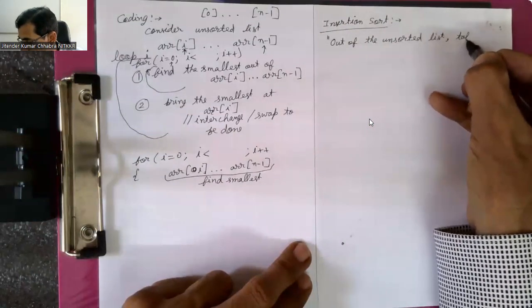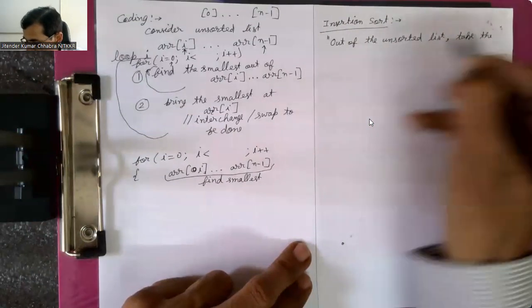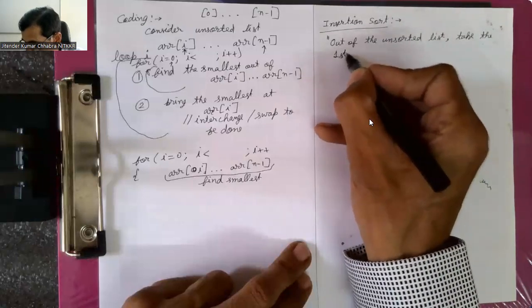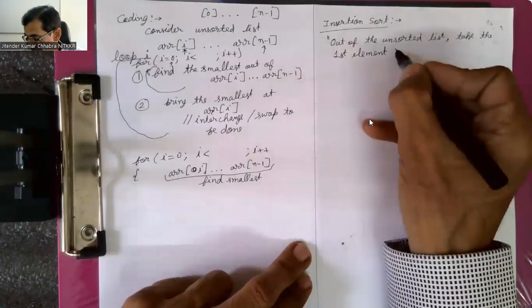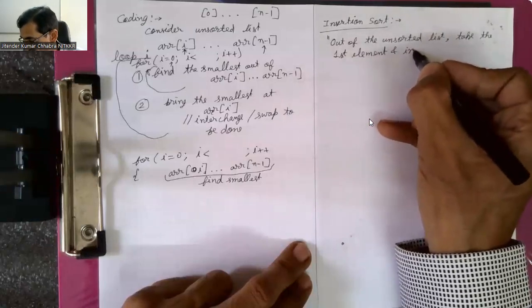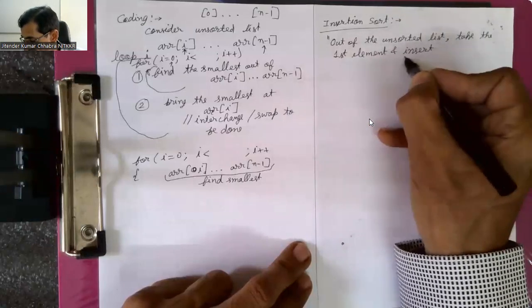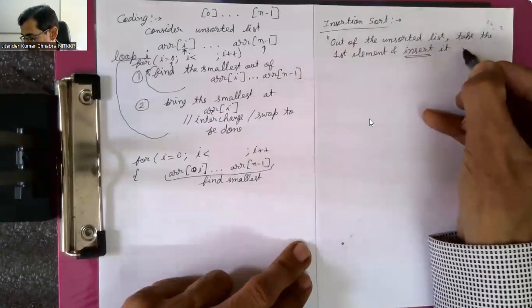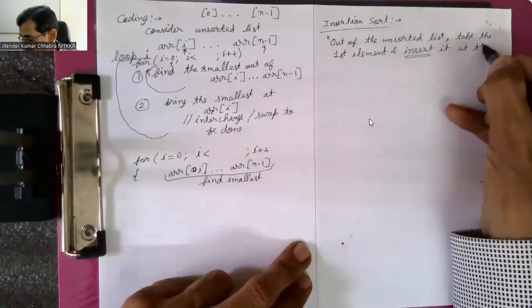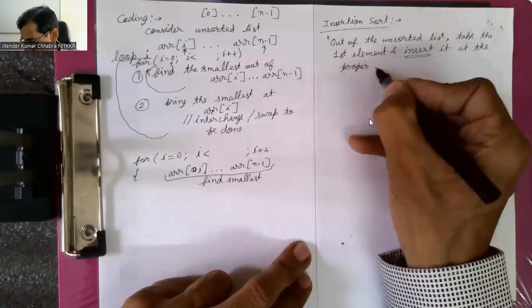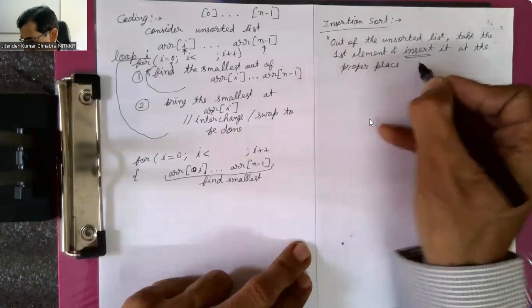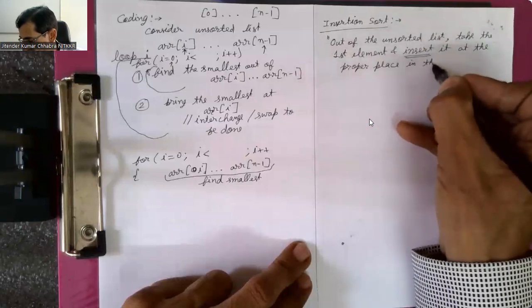take the first value, the first element. So I'm not considering the whole list. I'm taking the first element of the unsorted list and inserting it at the right place, at the proper place in the sorted list.